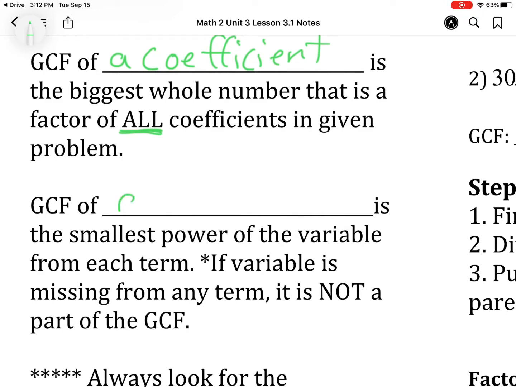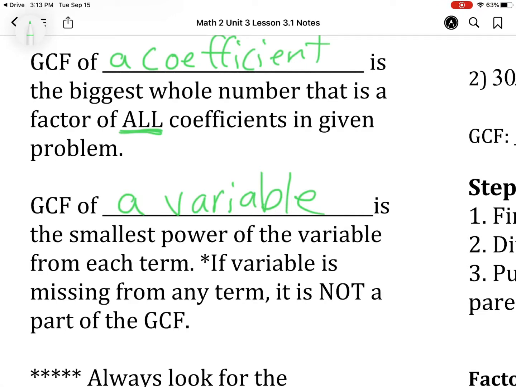GCF of a variable is the smallest power of the variable from each term. If a variable is missing from any terms, it is not a part of the GCF.